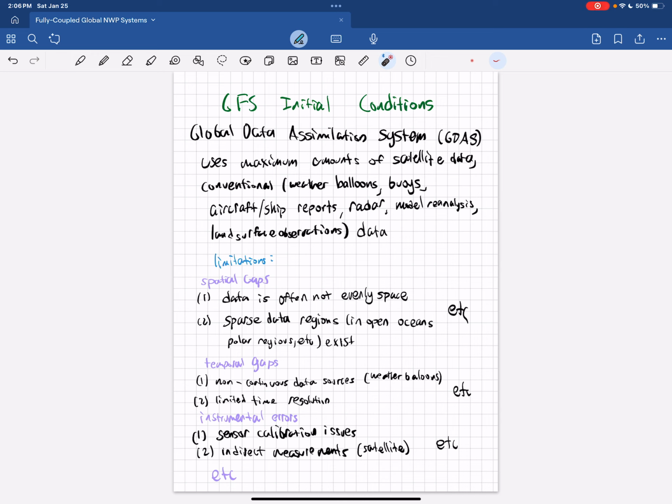But there are some limitations currently. I think in the future, hopefully we can get a better system, but currently we have a lot of spatial gaps, so the data is not evenly spaced. If you have one data point here, it won't look like this. It might be one here, and then there's one here, one here.